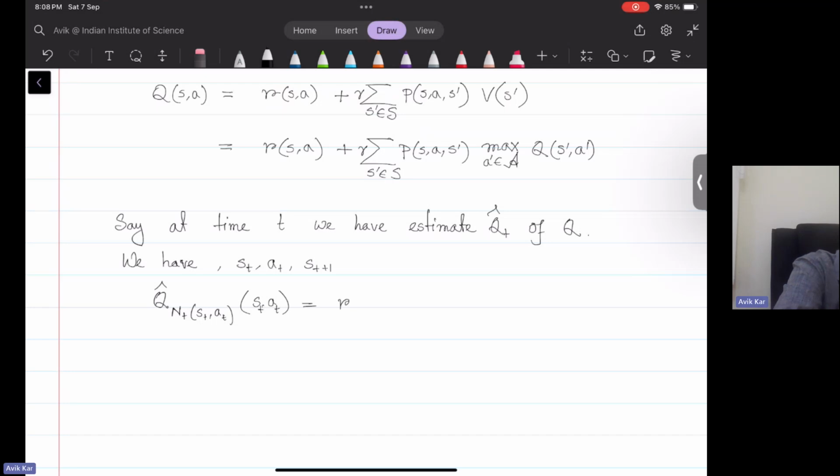We can update it as r_t, the reward you have got, plus gamma times the max. Right. So this update is also a TD update. You had q hat t minus 1 at s_t, a_t, plus alpha_t at s_t, a_t.